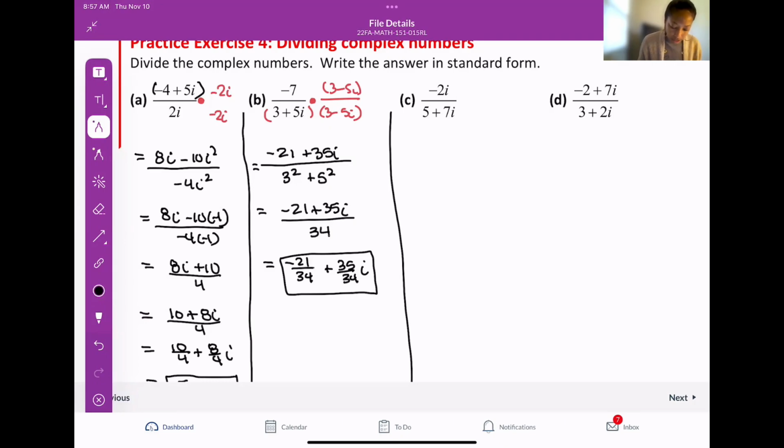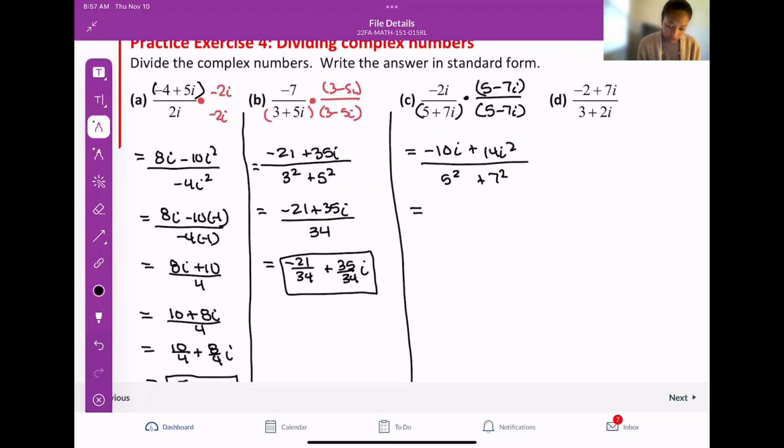For part C, negative 2i over 5 plus 7i. We're going to multiply by 5 minus 7i in the numerator and denominator. All right, this gives us negative 10i plus 14i squared over 5 squared plus 7 squared.